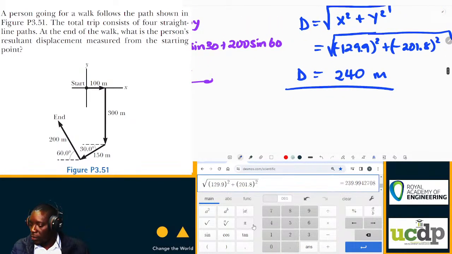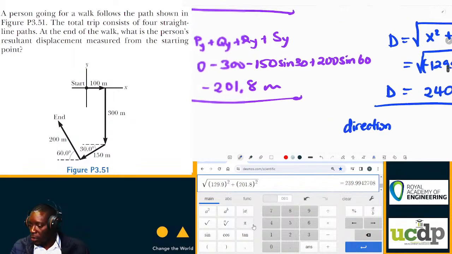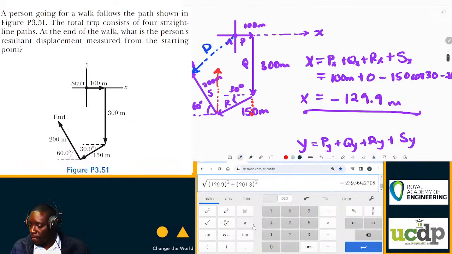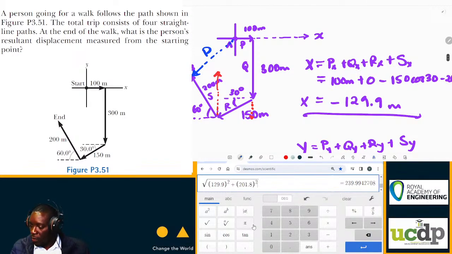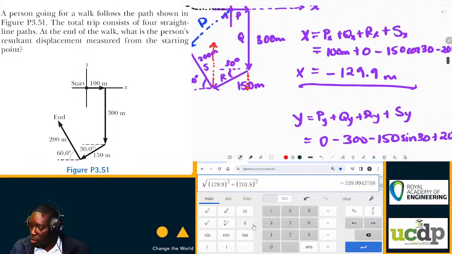So, direction. Remember we got x as minus 129.9, this was the x vector resultant, and the y vector is minus 201.8.